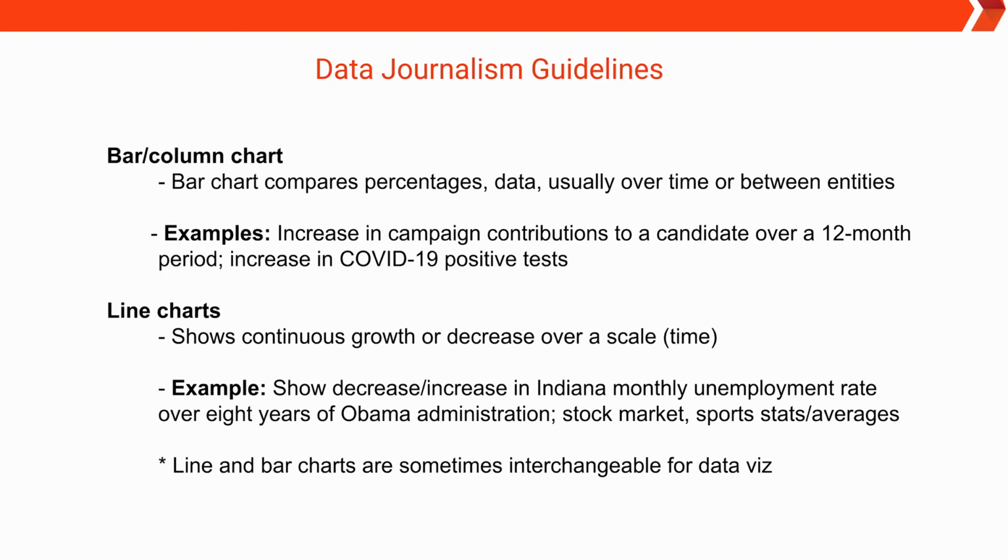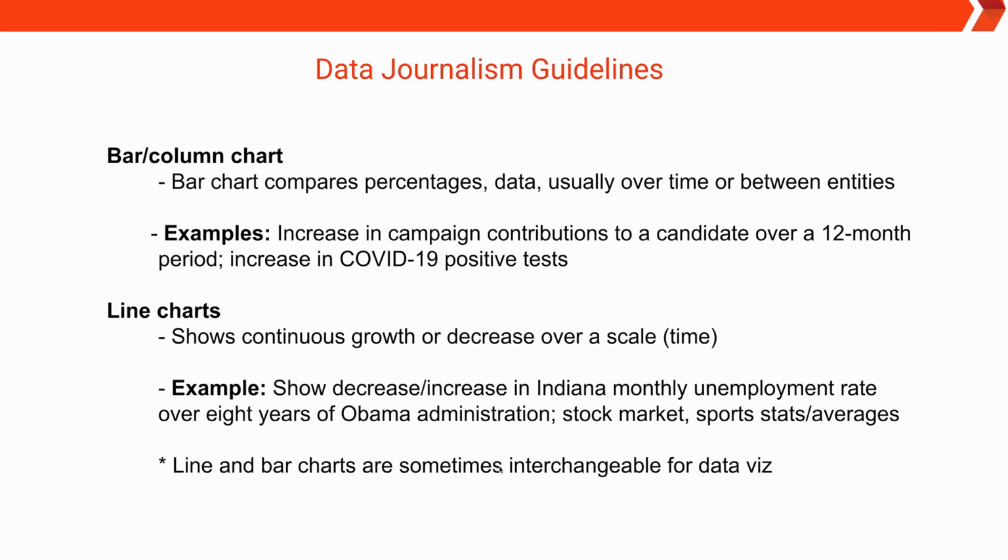A good example is increases in campaign contributions to a candidate over a period of time, or increase in positive COVID tests. Line charts show continuous growth or decrease over a period of time. Good examples there are unemployment rates, stock market, scoring data in sports. You see those as line charts an awful lot.